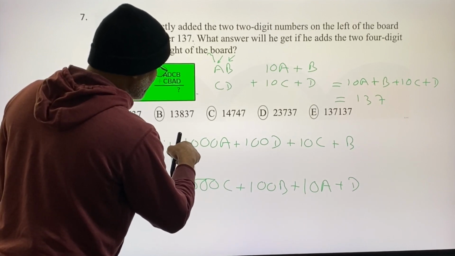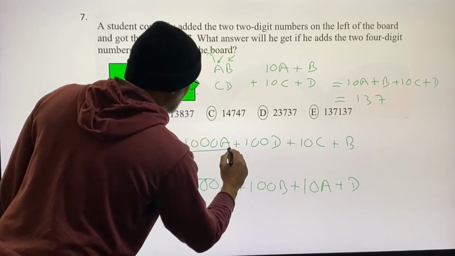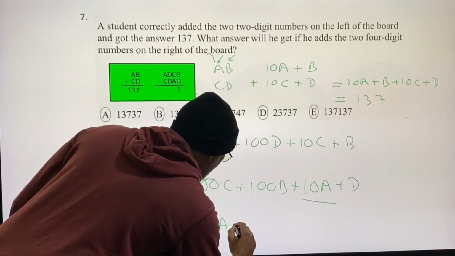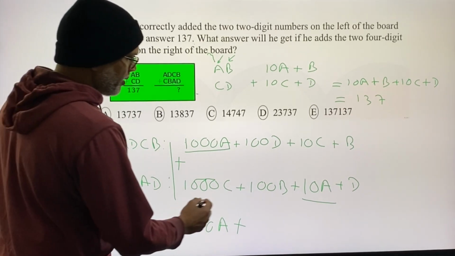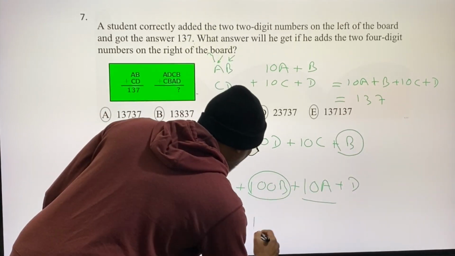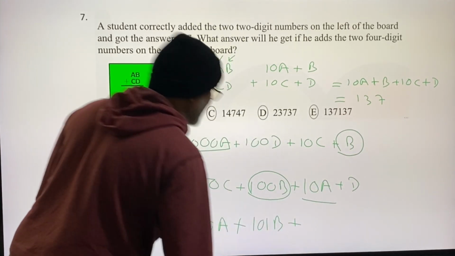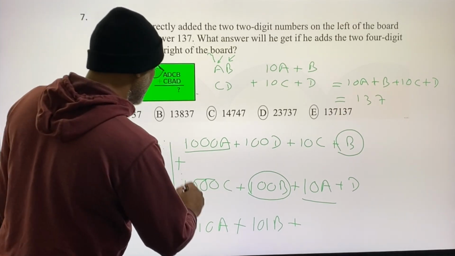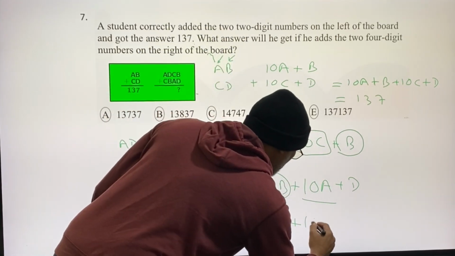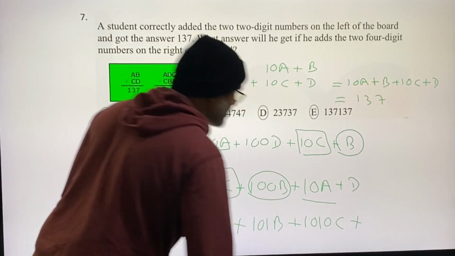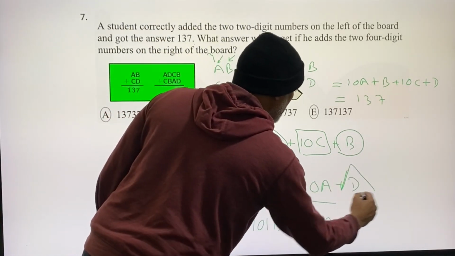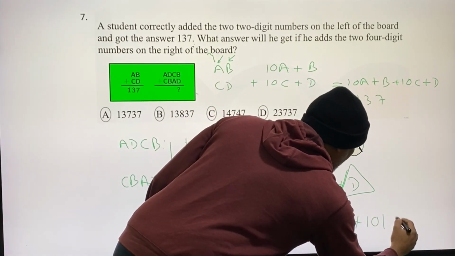This is 1000A and this is 10A, so that is going to be 1010A, plus 101B, plus 1010C, plus the only thing remaining, D, that is 101D.